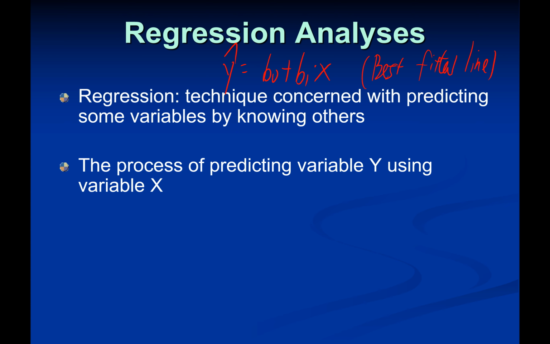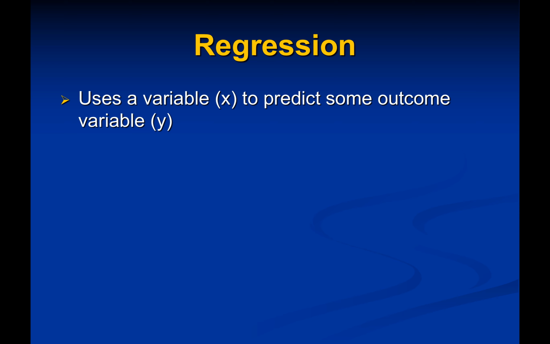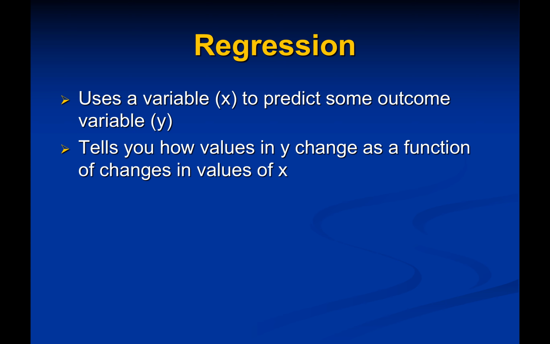And then from there, we'll be able to predict the variable Y using the variable X for any given X values with the regression model. It tells you how much the value Y increases as the value X changes.